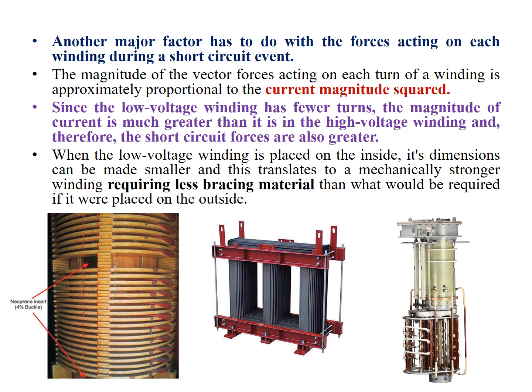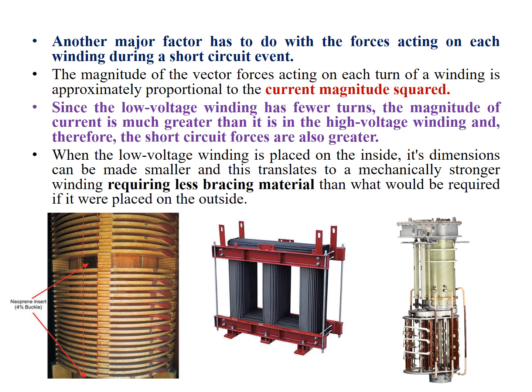When the low voltage winding is placed on the inside, its dimensions can be made smaller, and this translates to a mechanically stronger winding requiring less bracing material than what would be required if it were placed on the outside.